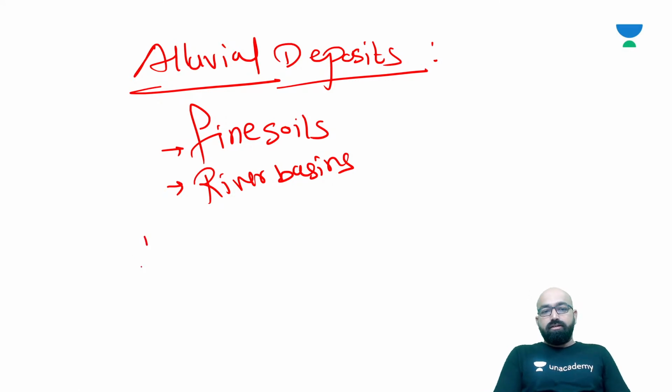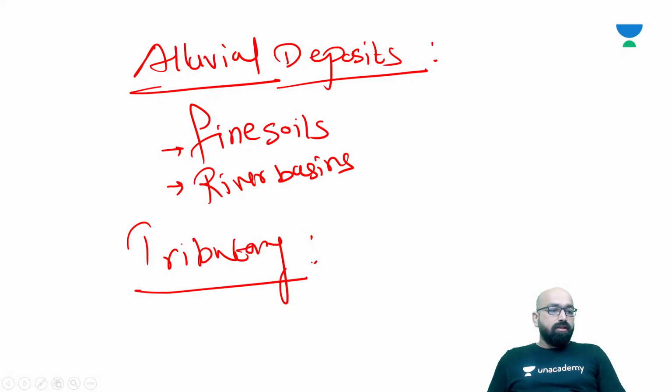Then tributary. So friends, a river or a stream which contributes its water to the main river by discharging it into the main river from either side is known as a tributary.